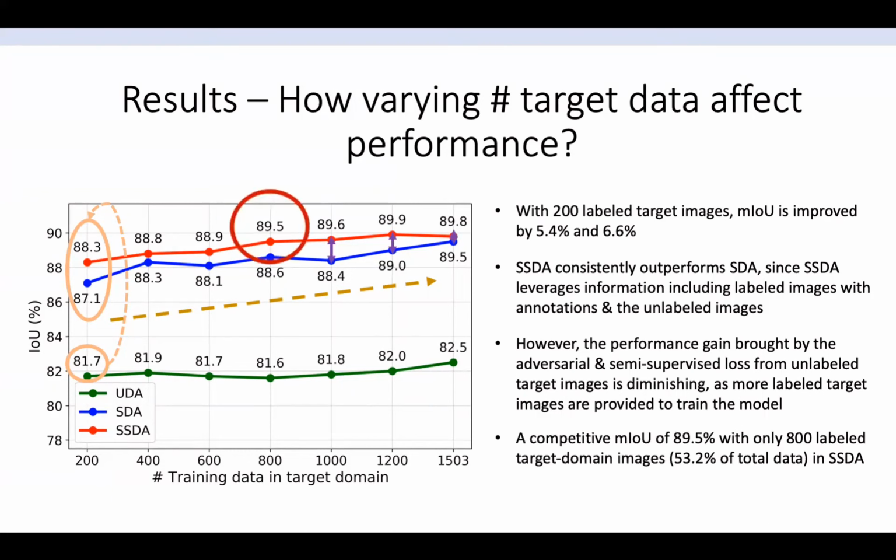Also note that SSDA is able to achieve a competitive 89.5 with around only 50% of the data being used. It is encouraging to observe that the proposed SSDA can efficiently take advantage of insufficient labels while still producing competitive performance.